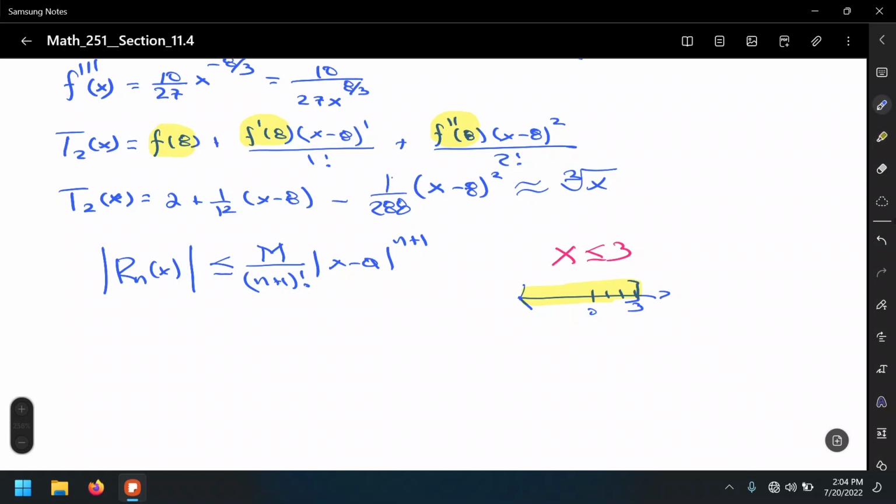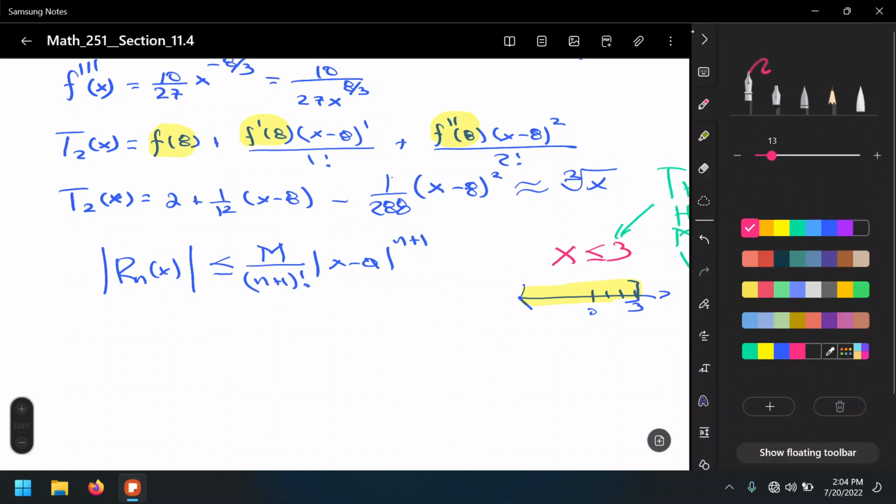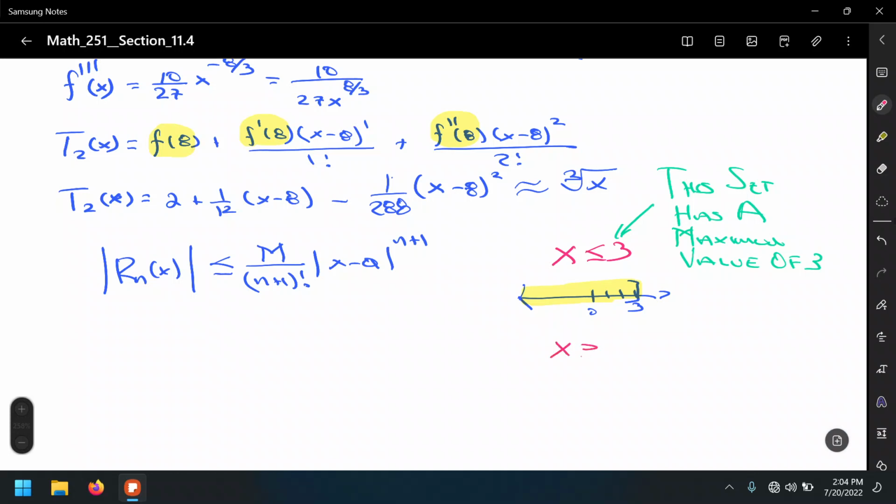Another way to say this, and it's important to have this mindset, is that this set has a maximum value of 3, right? And for example, if I reverse the inequality to x greater than or equal to 3, we will have this picture, but the other way around, with the graph pointing to the right in this case.